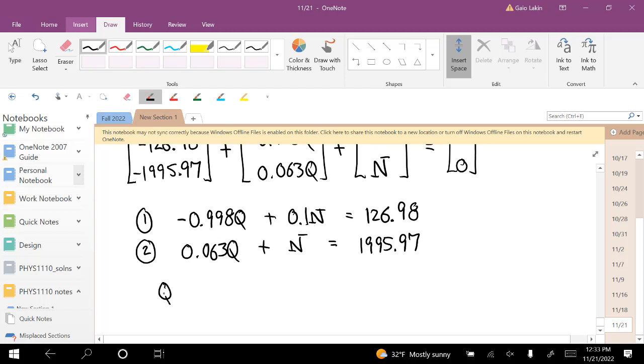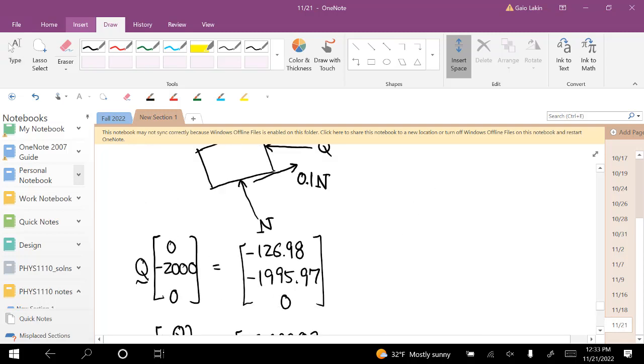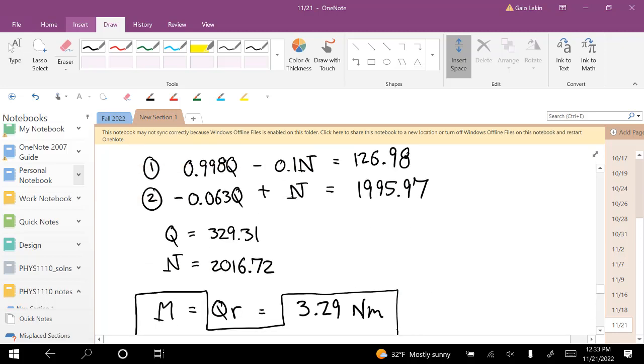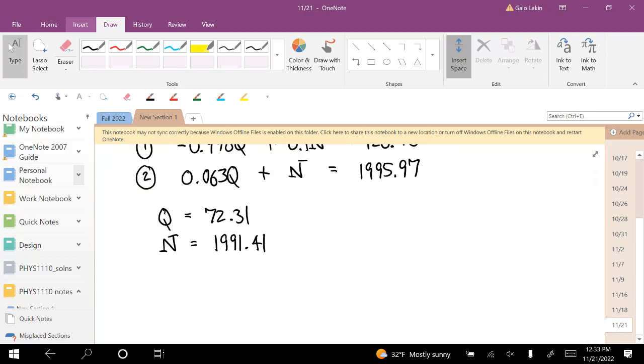And you get that Q is equal to 72.31. And the normal force, which we don't care about, is 1991.41. The Q we got in the first case was bigger.